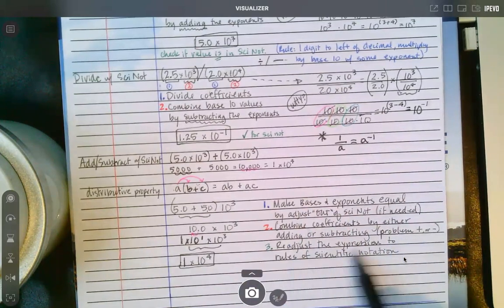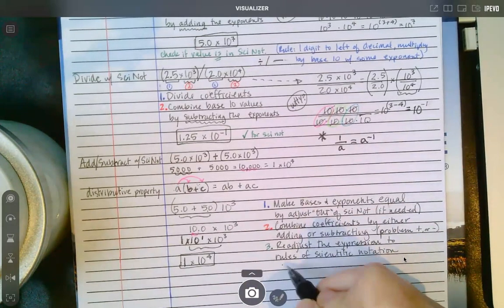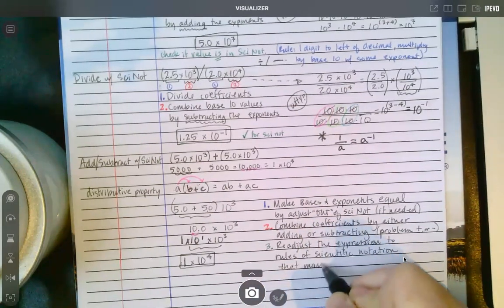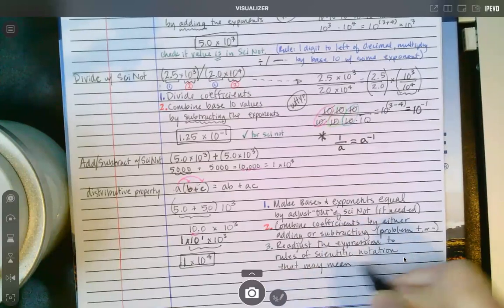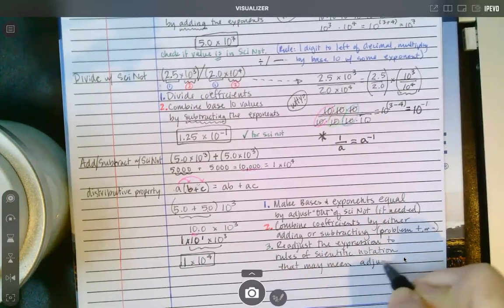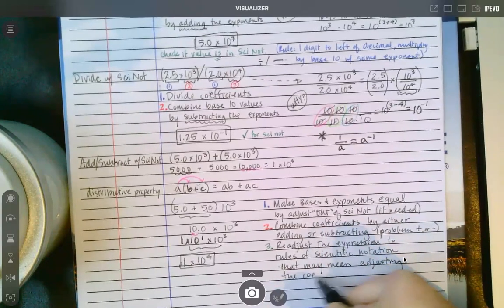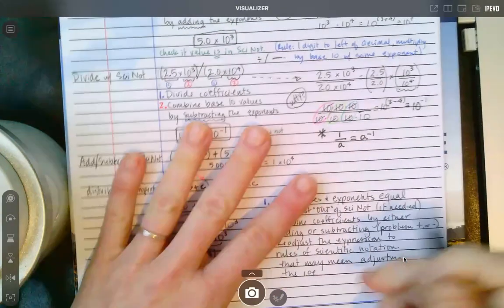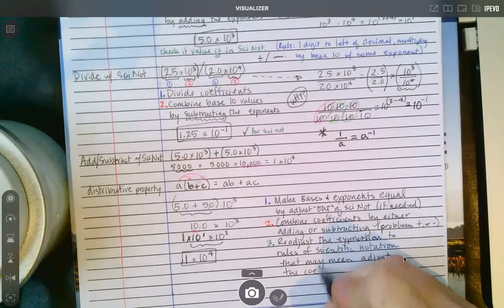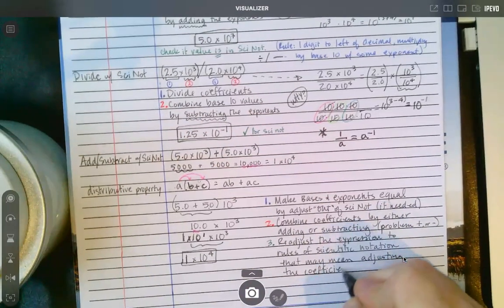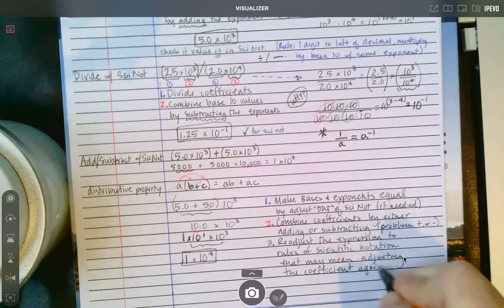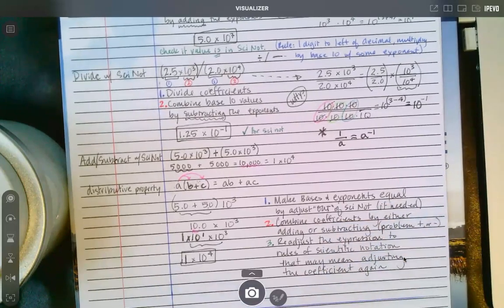And then we readjust the expression to the rules of scientific notation, and that may mean adjusting the coefficient again. Okay, hopefully these rules will become clear as we walk through this.